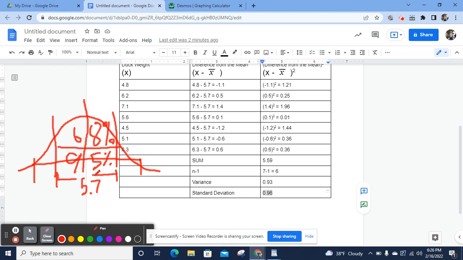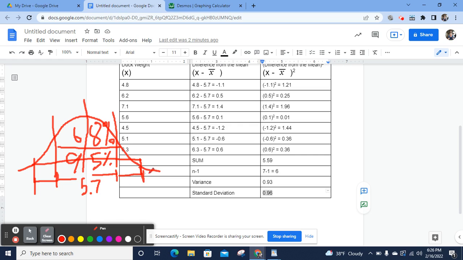So we would add 0.96 and then another 0.96, and in this way, subtract 0.96 and subtract 0.96. So you can add 0.96 times 2 to get to here, and same with subtracting 0.96 twice to get to here from this 5.7. And that'll get you 2 standard deviations away.